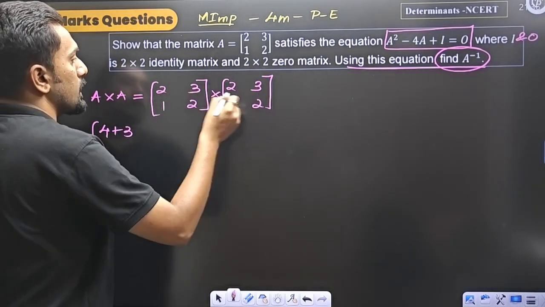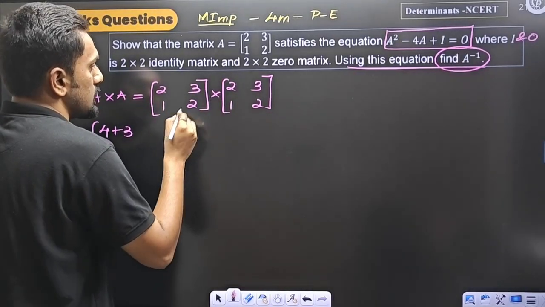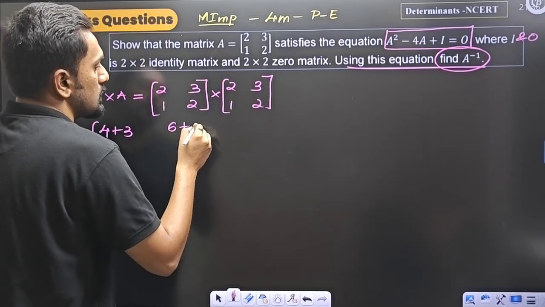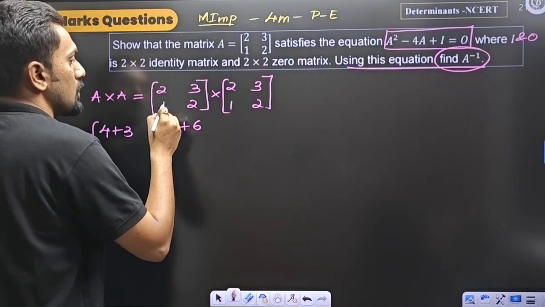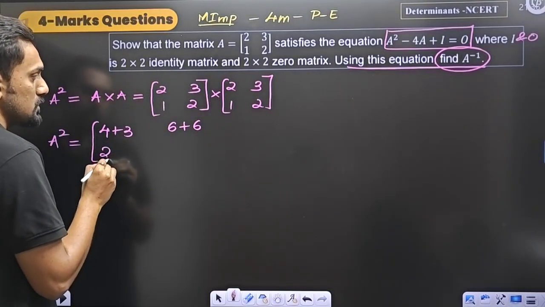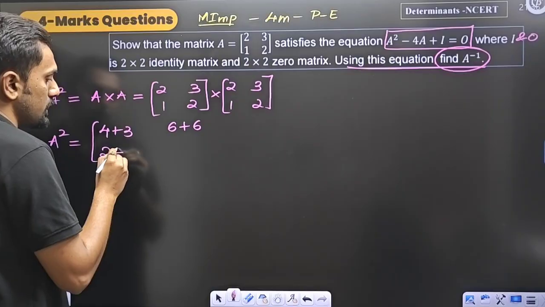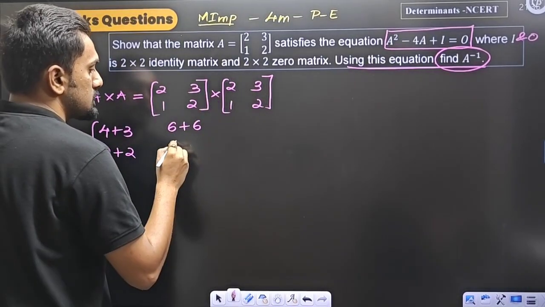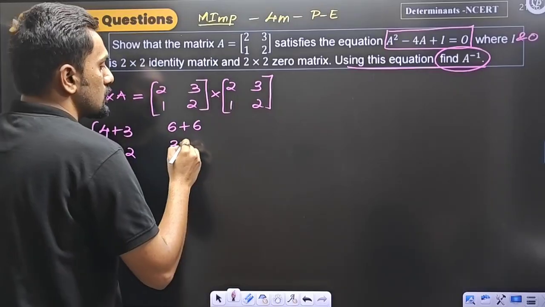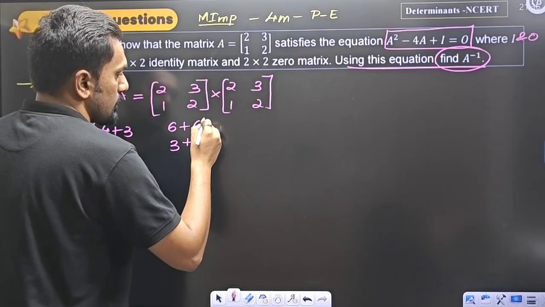Next, first row second column: 2 3s are 6 and 3 2s are 6. Next, second row first column: 1 into 2 is 2, 2 into 1 is 2. Second row second column: 1 into 3 is 3 and 2 into 2 is 4, right?